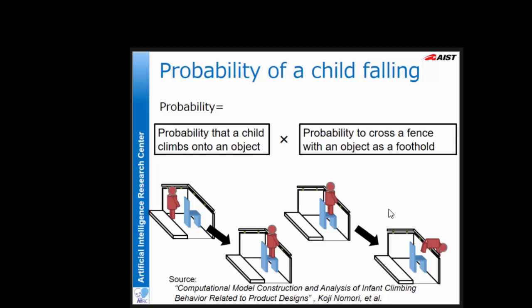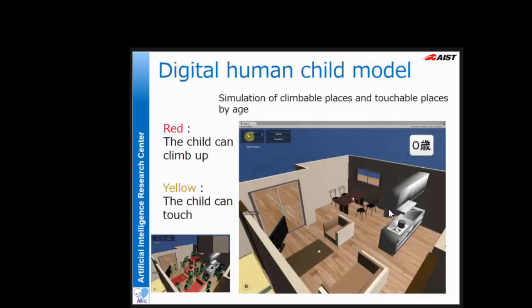The probability is a product of the probability that a child climbs onto an object and the probability of crossing a fence with an object as a foothold. These probabilities are clarified by past research. This example shows the simulation of climbable places and touchable places.